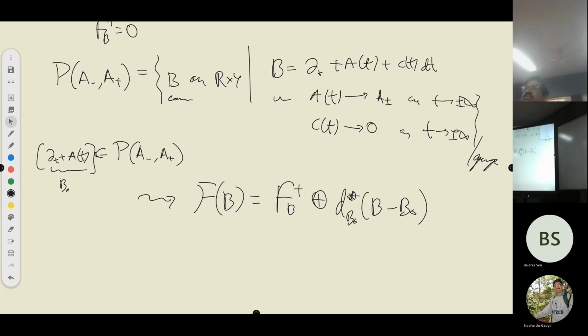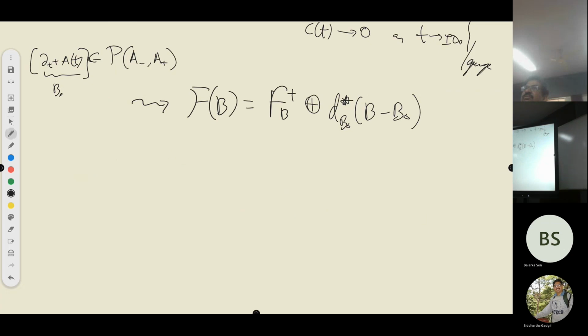Let me rewrite what the linearization of this is going to be, and it's going to become somewhat apparent what is going on. So let's take, how do I write this? Let's take the derivative of this.